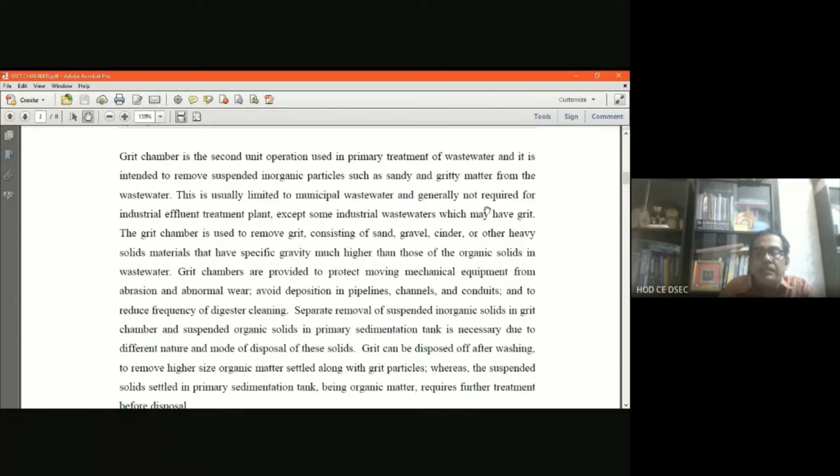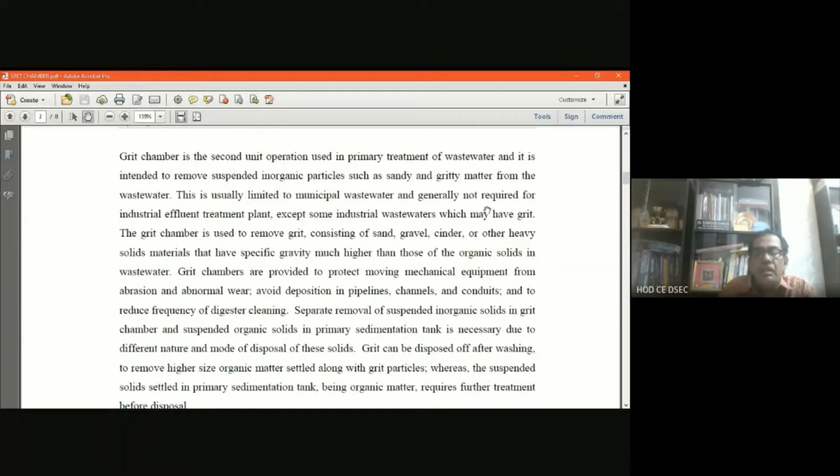So the treatment operating system should not malfunction because of these grit particles. That is the significance of the grit chamber in removing these particles from the wastewater. That is the basic purpose.